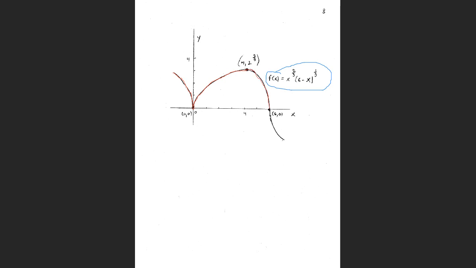But then what happens at x equals 6? What happens to the concavity after x equals 6? The function becomes concave up. That's right.